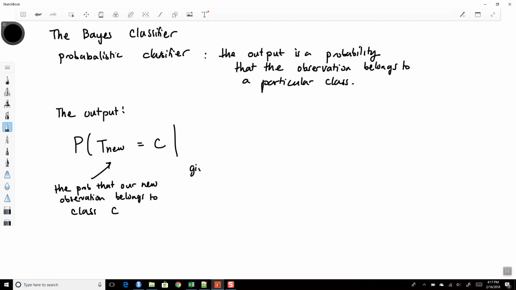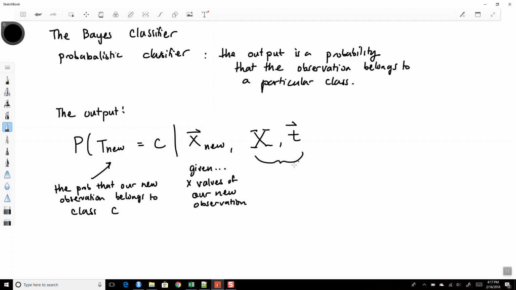And over here is given the x values of our new observation and the existing training data, which consists of x and t.